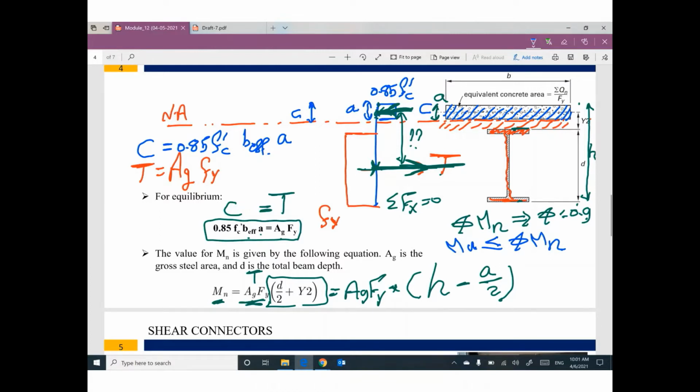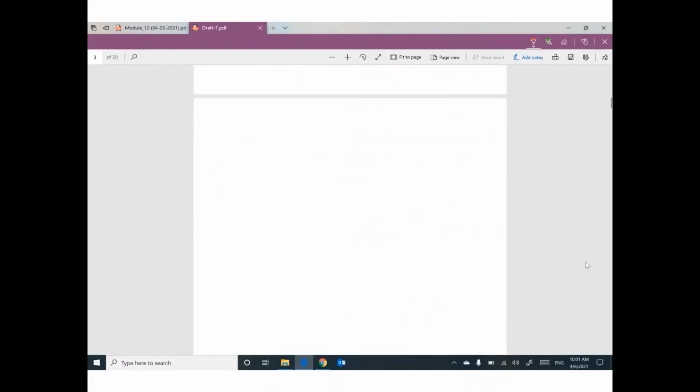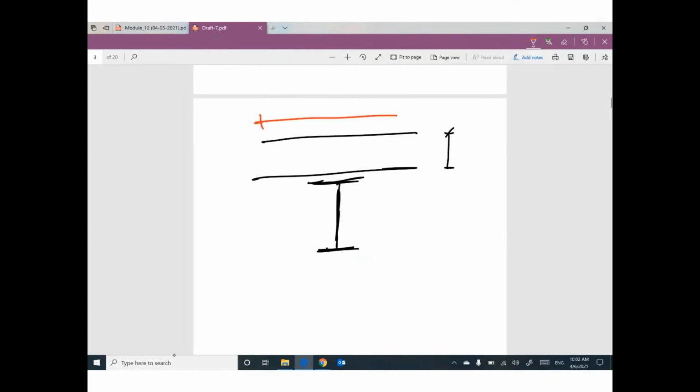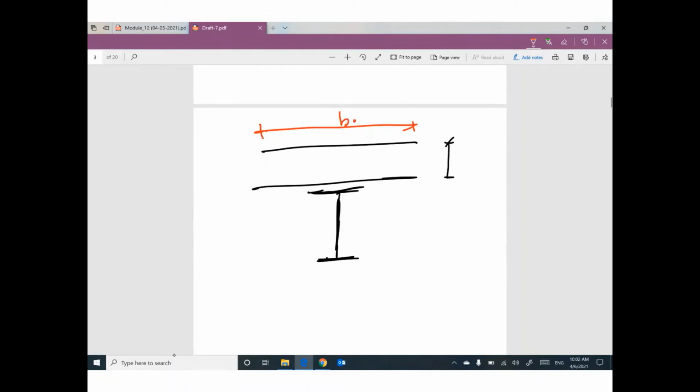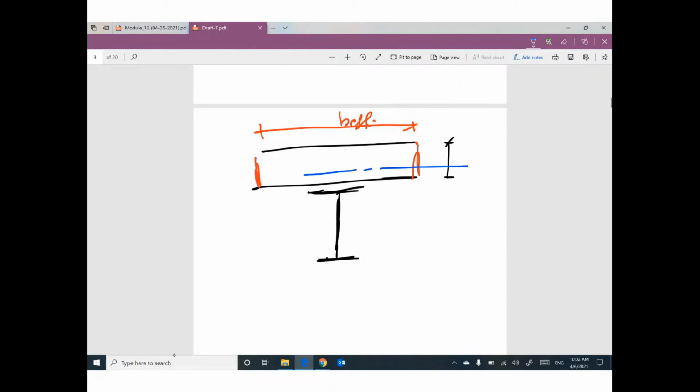So how can I design a composite beam? We will assume the concrete slab thickness, and we will assume a steel beam. Then we need to figure out what is the b effective. And we will do the scenario: the neutral axis will be within the concrete.